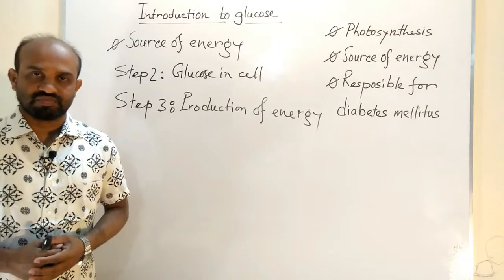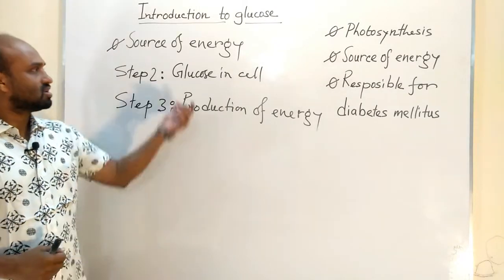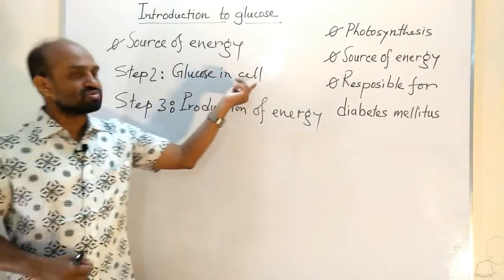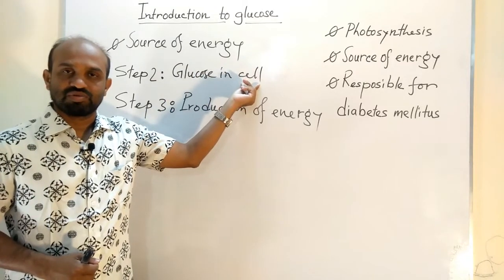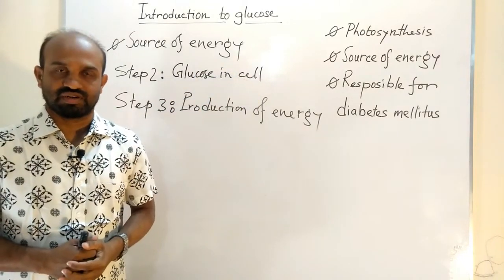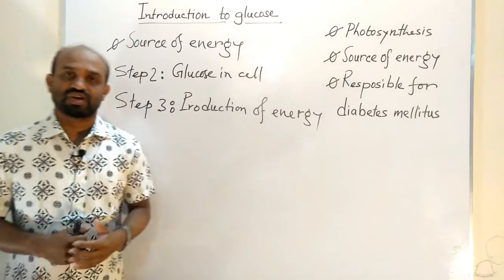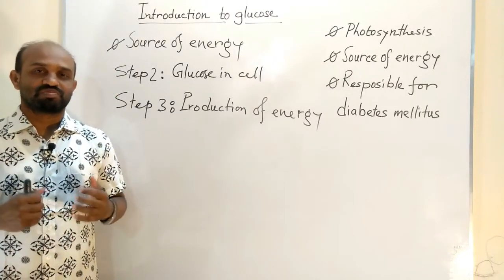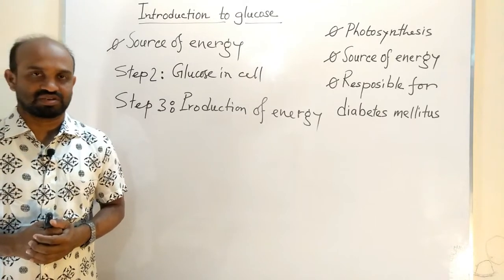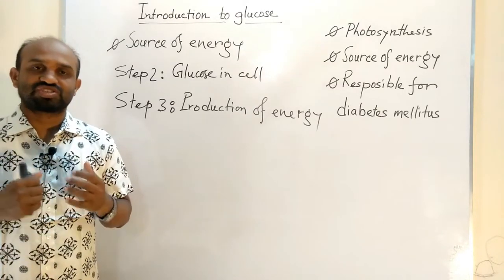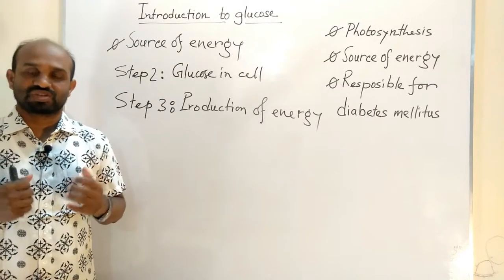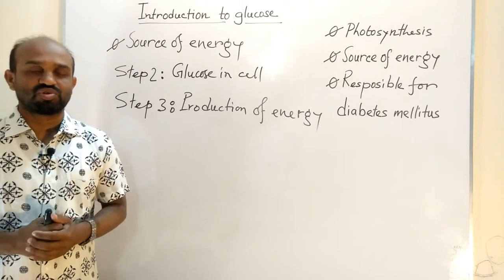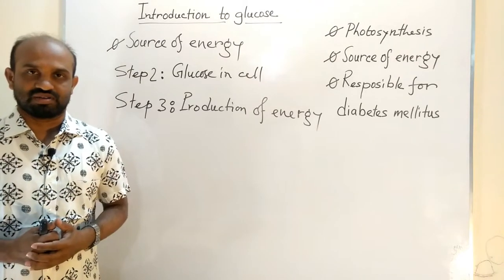From the second step we learnt that glucose went to the cell with the help of insulin. Insulin is another substance that is created from the beta cell of pancreas. Actually its function is to regulate the glucose in the blood.